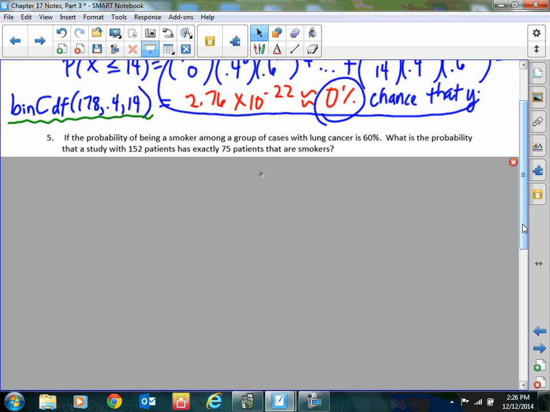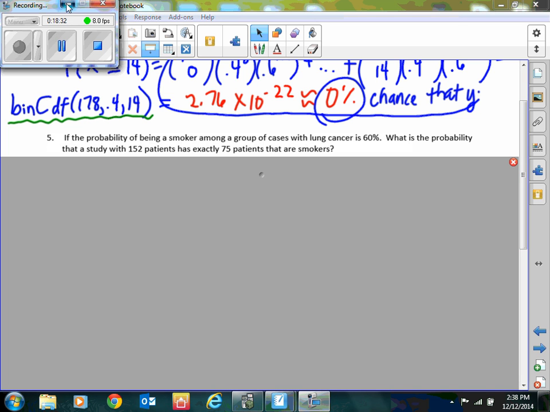If the probability of being a smoker among a group of cases with lung cancer is 60%, what's the probability that a study with 152 patients has exactly 75 patients that are smokers? And then number 6 is at most a certain amount, and then 7 and 8 are at least. So I want you to do those 4 problems there, and then we'll check those back here in a second.